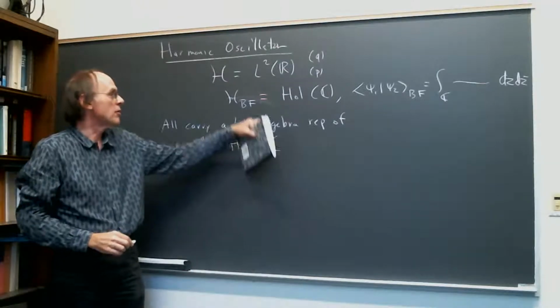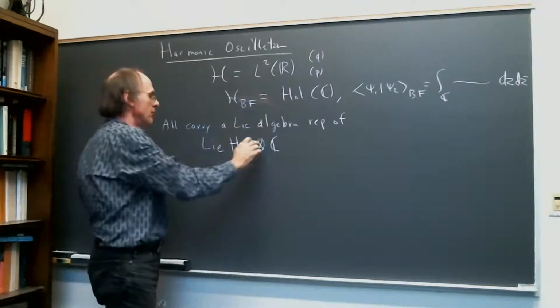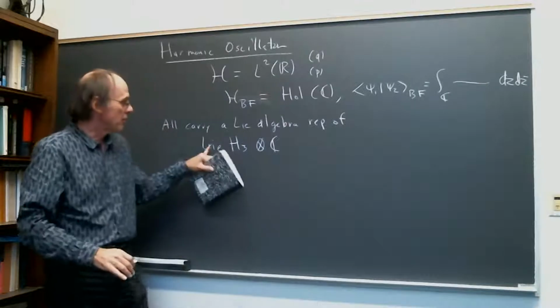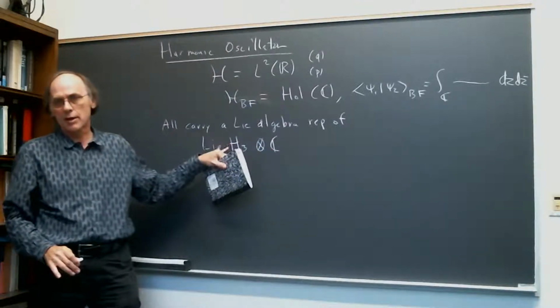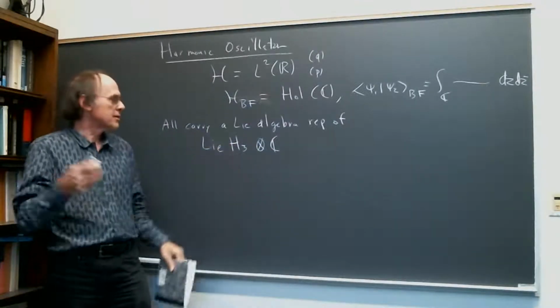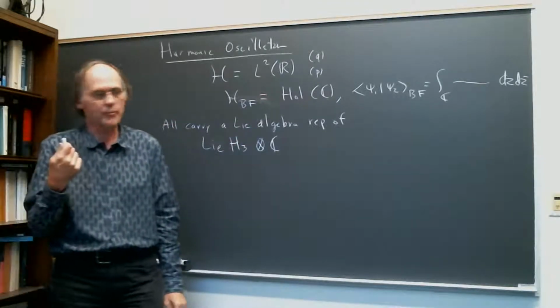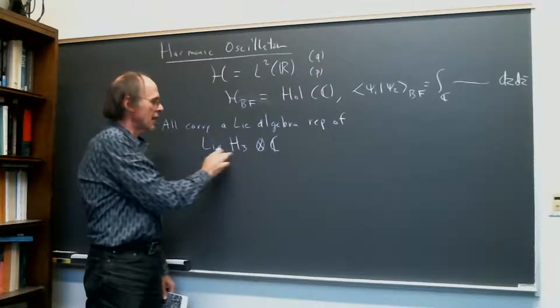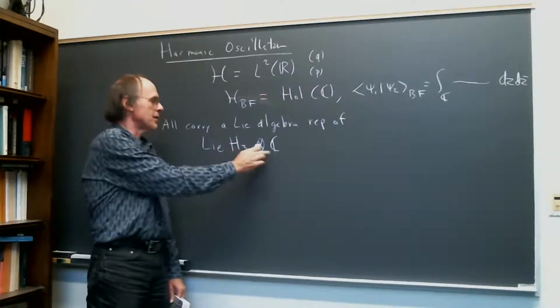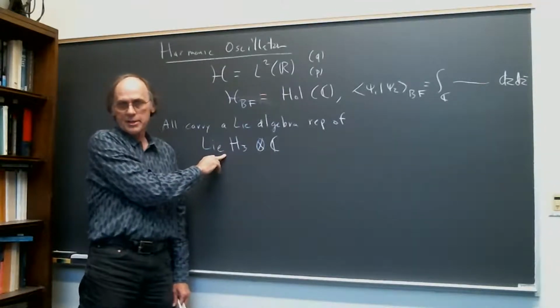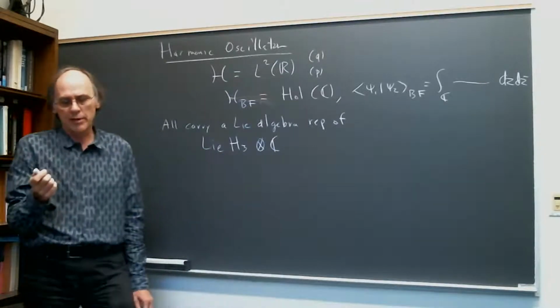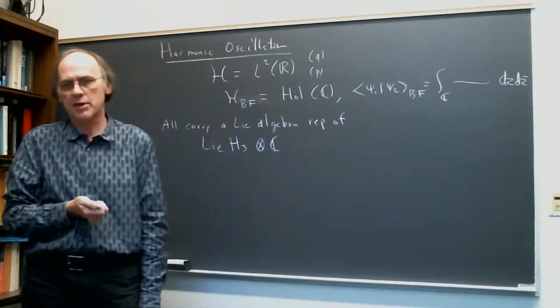So when you do this, you're automatically complexifying the Lie algebra. Whenever you're talking about Lie algebra representations, you're always free to take your original real Lie algebra and look at complex linear combinations of these elements. And this is what you do even when we were talking about representations of SU2.